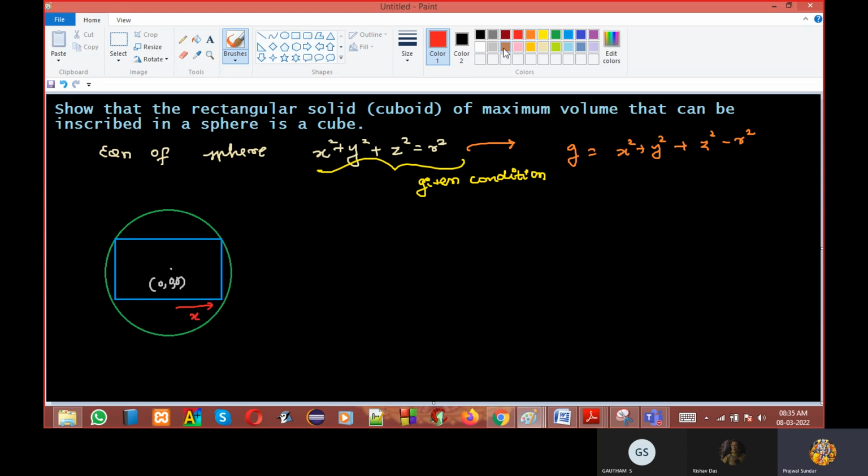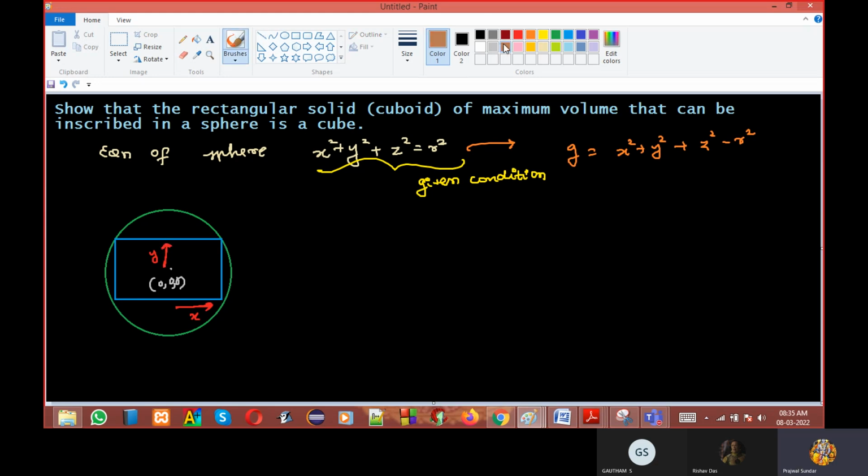This length I'm taking as x, and this will be y, because they are coordinates. I can't claim just this part is x, so I need to take from the center to the edge as x, and from the center to this part as y.